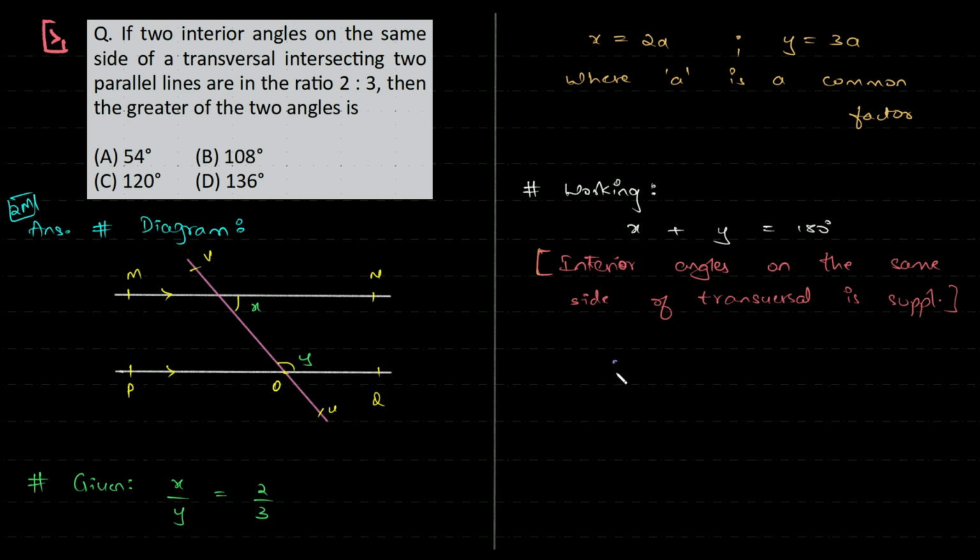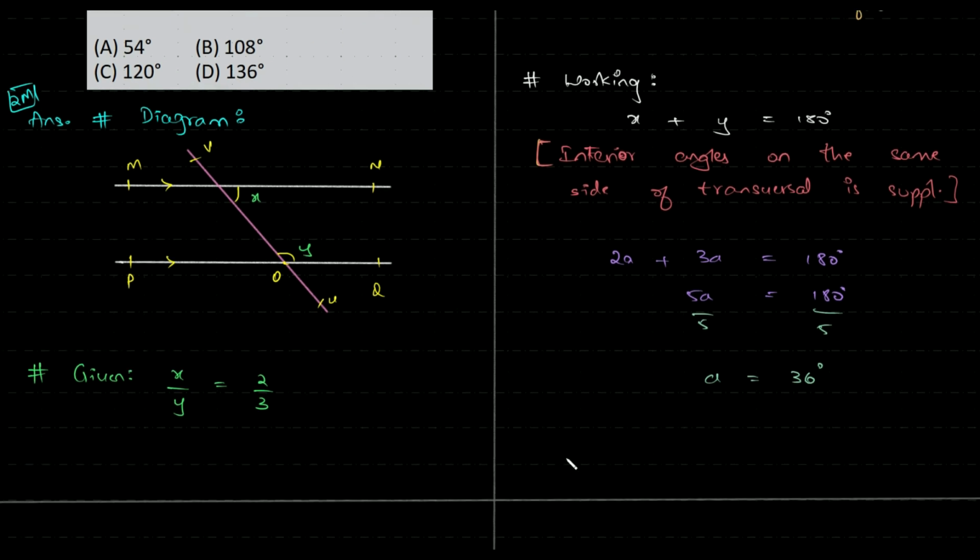So since X is 2A and Y is 3A, this has to be equal to 180 degrees, and this is 5A, which is equal to 180 degrees. Then we can divide by 5, and so A is equal to 36 degrees, and obviously Y will be 36 into 3, and thus we have Y.